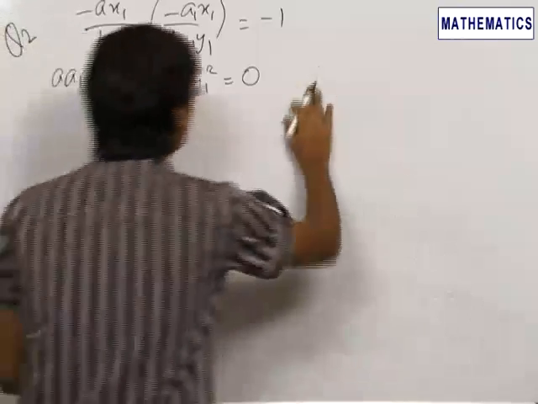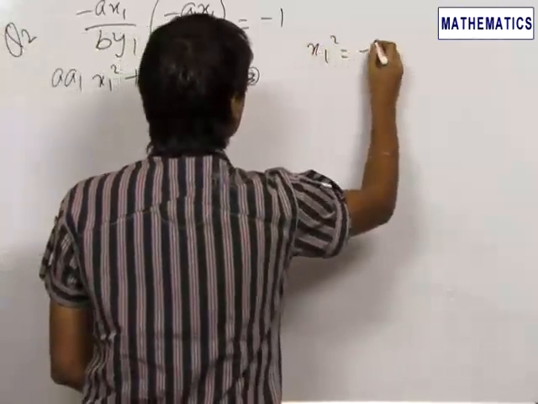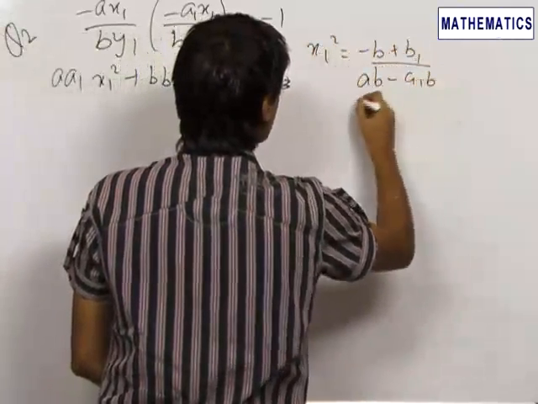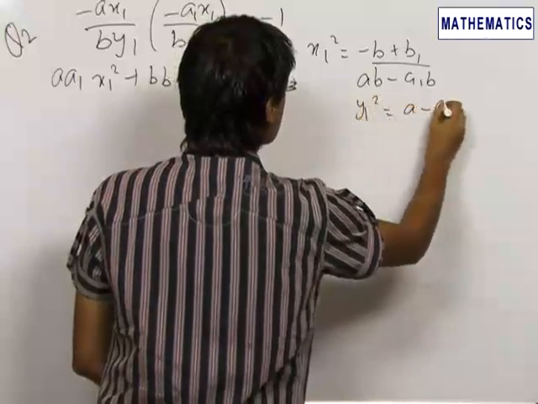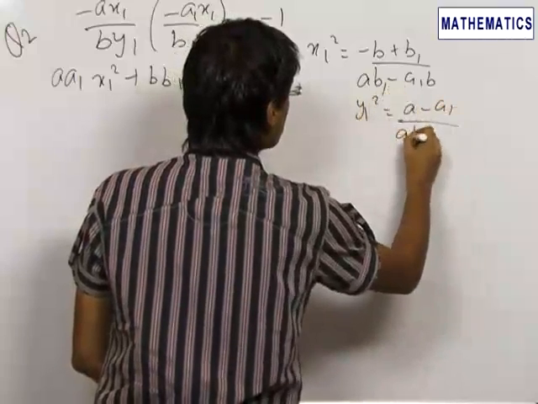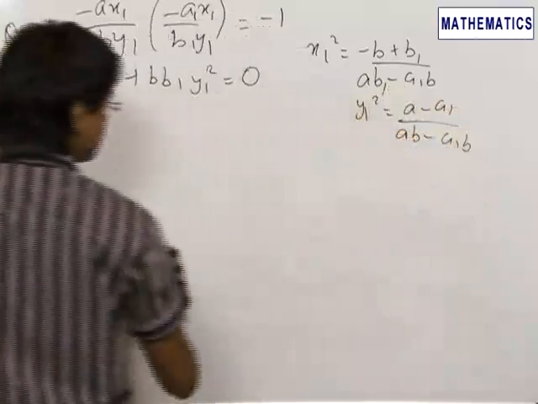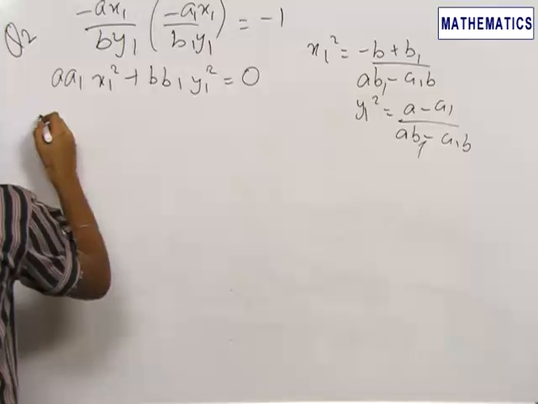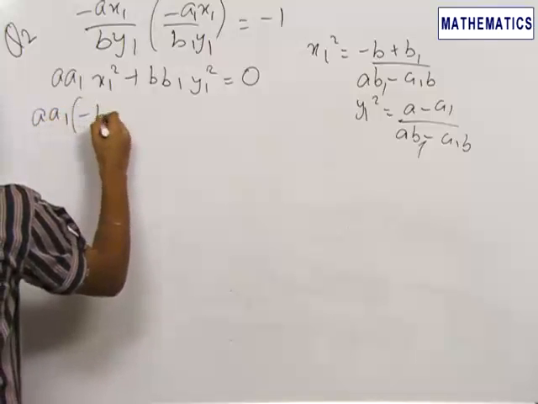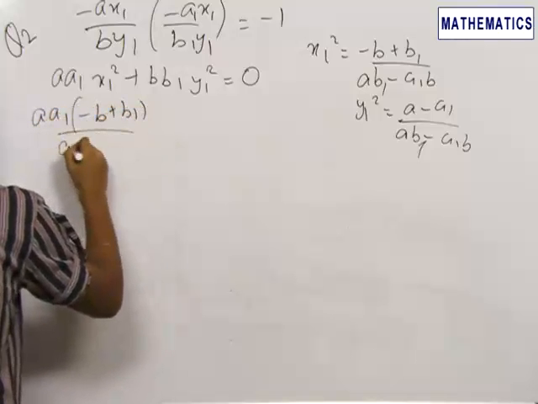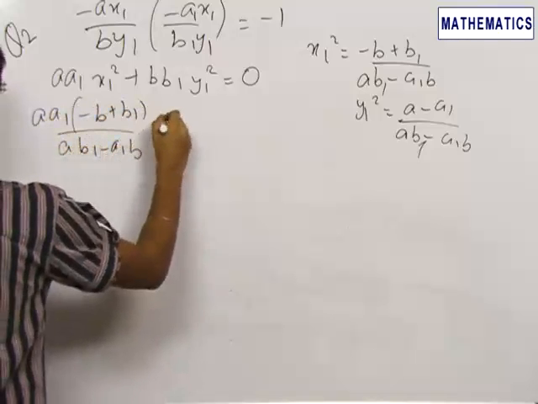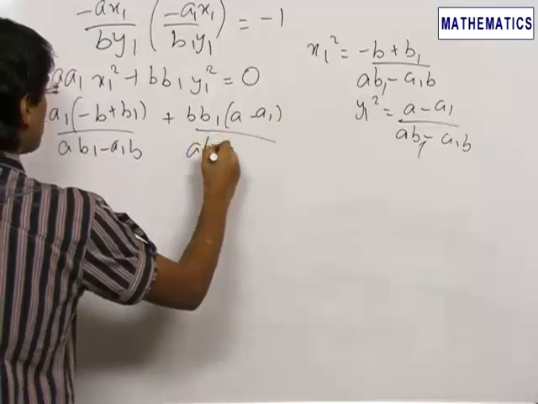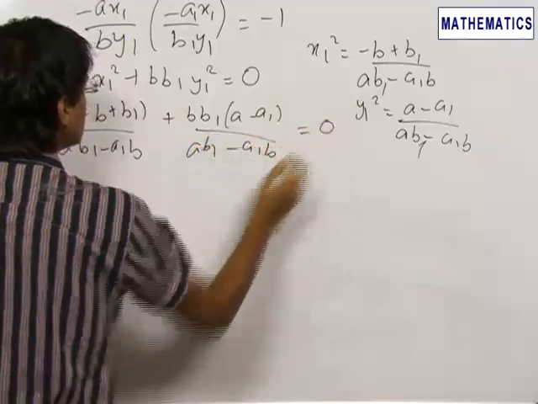Now we had earlier obtained the values of x1 square to be equal to minus b plus b1 upon ab1 minus a1b, and y1 square to be equal to a minus a1 upon ab1 minus a1b. Putting the values of x1 square and y1 square over here, we get a1 into minus b plus b1 upon ab1 minus a1b plus b1 into a minus a1 upon ab1 minus a1b equals 0.